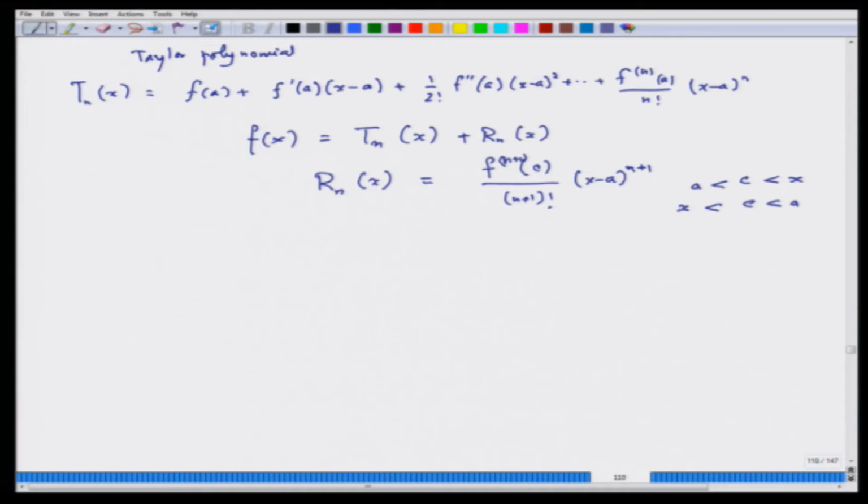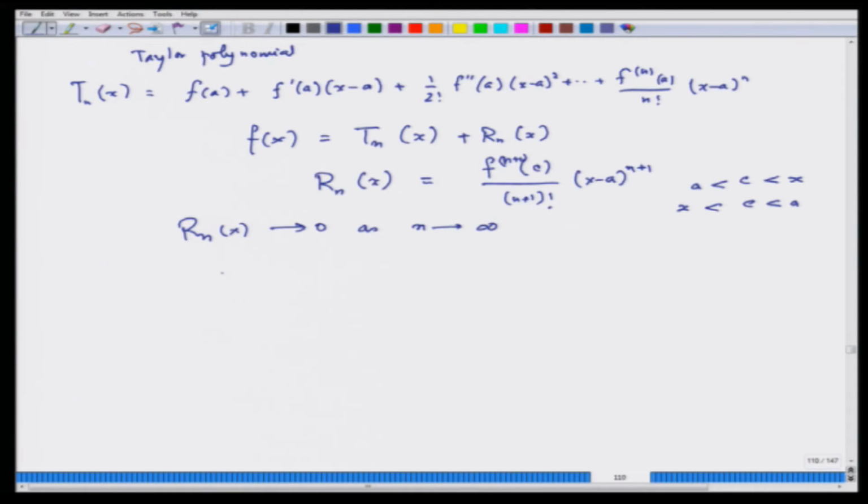The interesting part is that if you show that this remainder can be made smaller and smaller, that is, if R_n(x) tends to 0 as n tends to infinity, then it means that as n becomes larger and larger, my error goes to 0.